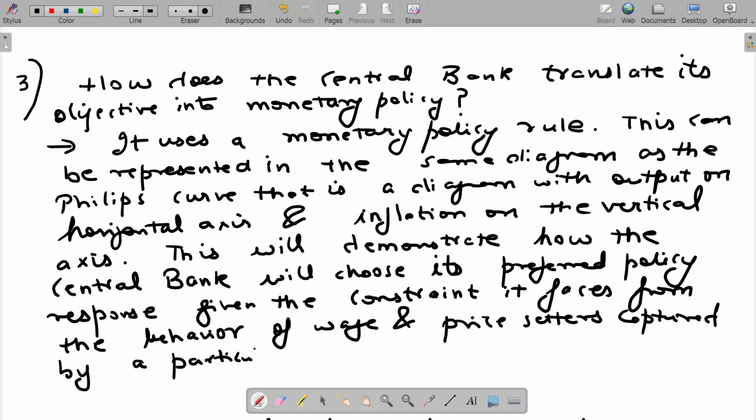Remember, a Phillips curve captures the wage-setting and the price-setting decisions. We have covered wage-setting and price-setting relations before in our intermediate macroeconomics course.